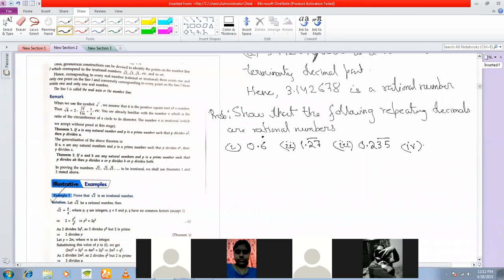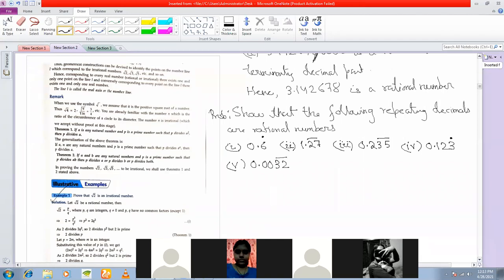Next you have 0.123, and you simply have a dot above 3. That means only 3 is recurring at the end. And the last one that you have is 0.0032.